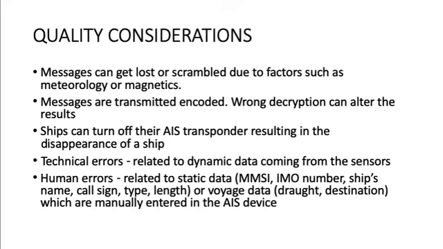So if they are not decrypted properly, that can also alter the results. The third reason for bad quality might be missing information in an AIS message, and that's because ships usually turn off their AIS transponder whenever they are docked in a port, and that results in the disappearance of a ship from the radar.